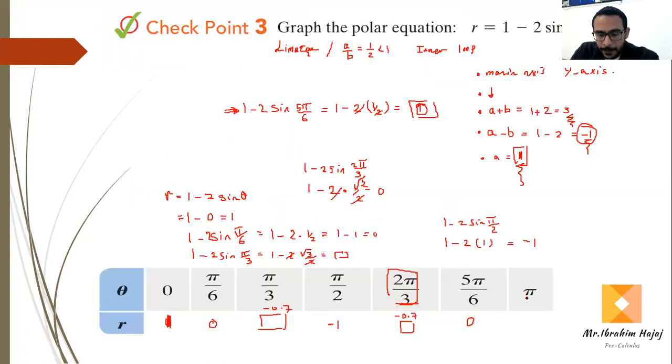Okay, and pi, let's evaluate. 1 minus 2 sine pi. What is sine pi? Sine 180 is 0, so it's 1 again.